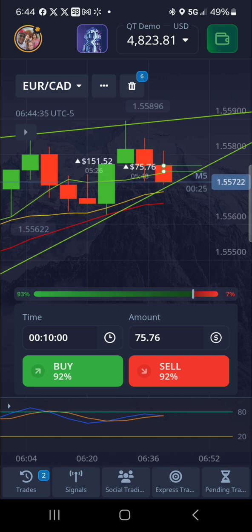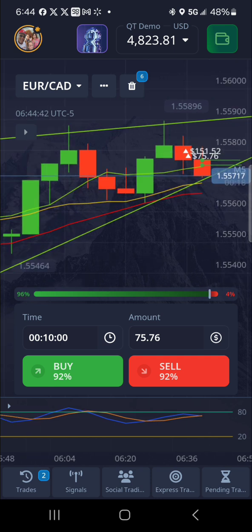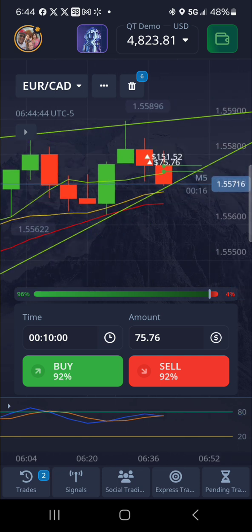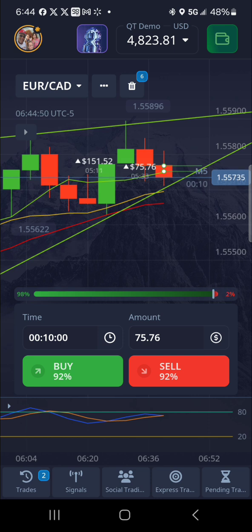And here are our supports. Yeah. So we're saying that it should go back above those two lines within 10 minutes. So that's pretty much within this next candle. This next candle should be higher.